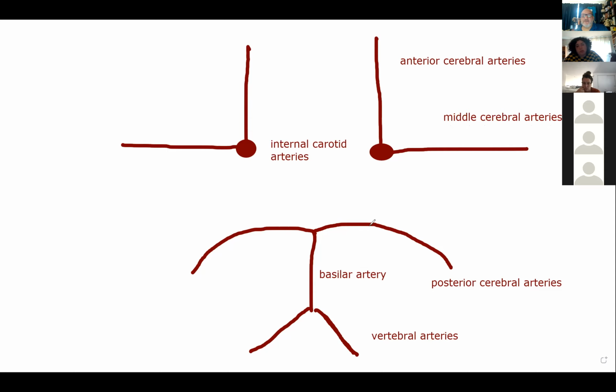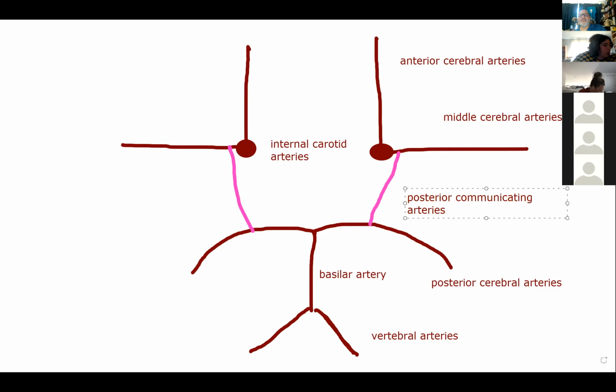So one of the things that we have here around the base of our brainstem are some additional blood vessels. There are two blood vessels that basically connect from the posterior cerebral to the middle and internal carotid, kind of like this, that are known as the posterior communicating arteries.